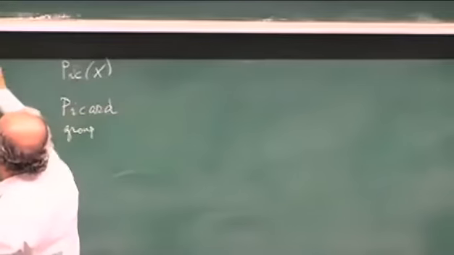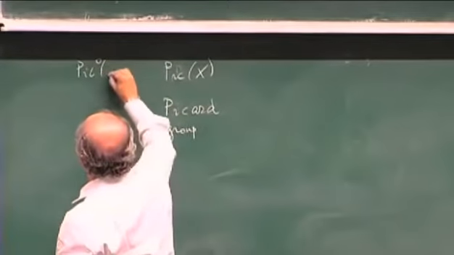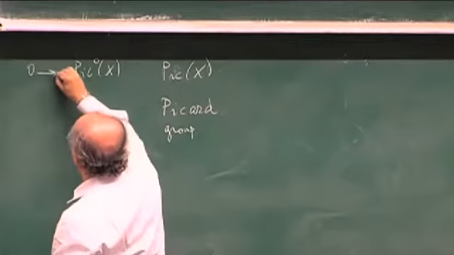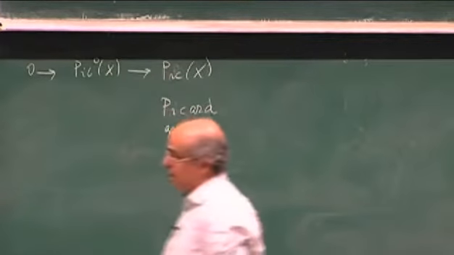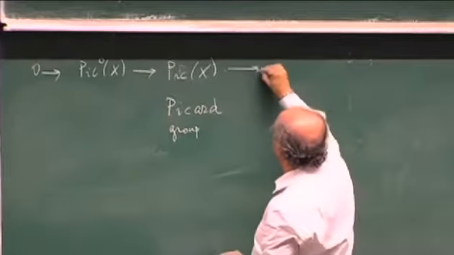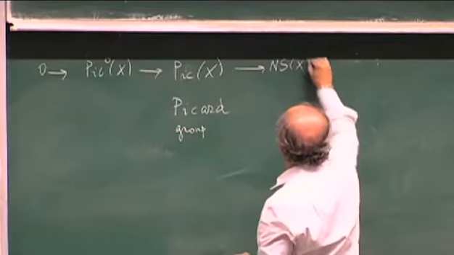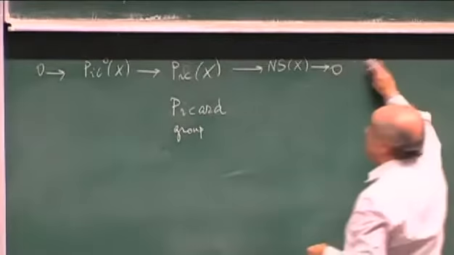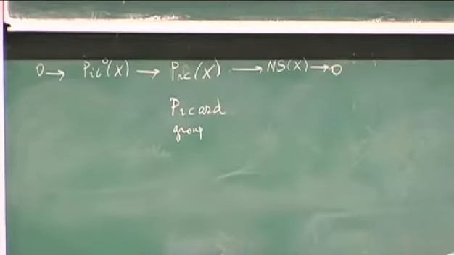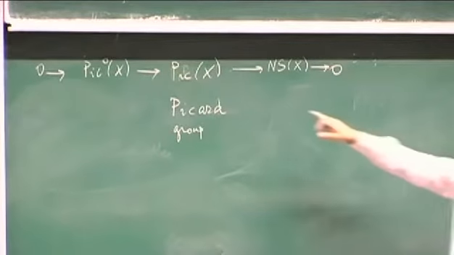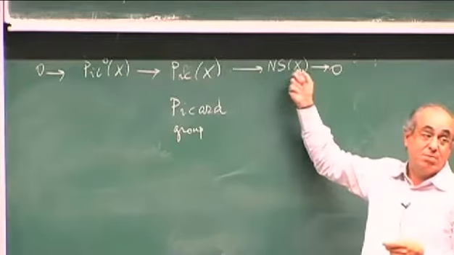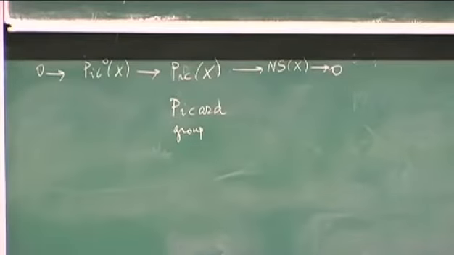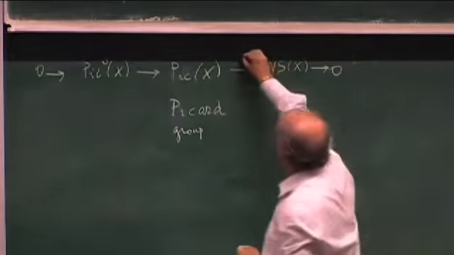The quotient we start this sequence with, we call Pic 0. And here we write the image, the Néron-Severi group. So this will be exact by construction, since I write the image here. So this arrow is surjective, right? Because I write the image, so it's surjective by construction. So this map is the first Chern class.